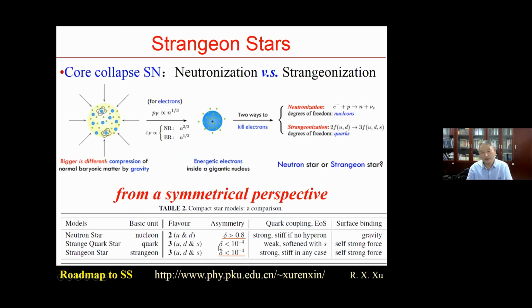So this value is very, very small. So we have almost a perfect symmetrical case for strange, either quark matter or strange matter.